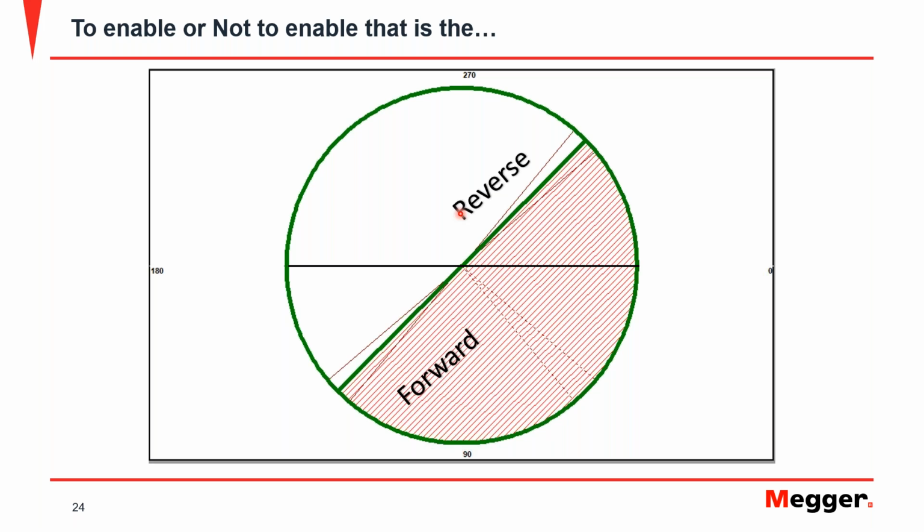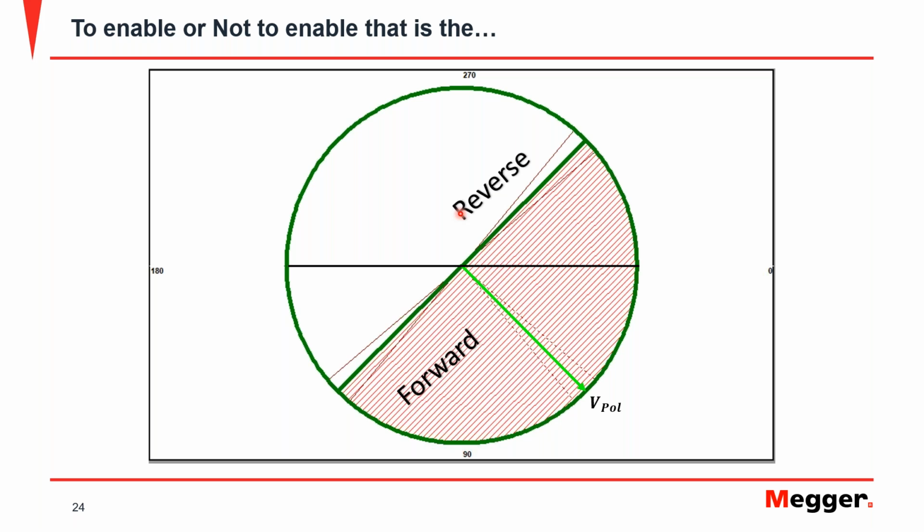That's why I don't like to say trip, no trip, even though you will see that in some representations, and that's fine too, as long as you know what you're doing. But what I'm trying to tell you is that since the 67 tells you whether the fault is in that direction or not, then it also tells you whether it is in the reverse direction or not. So you can use it for forward looking protection elements, as well as for reverse looking protection elements.